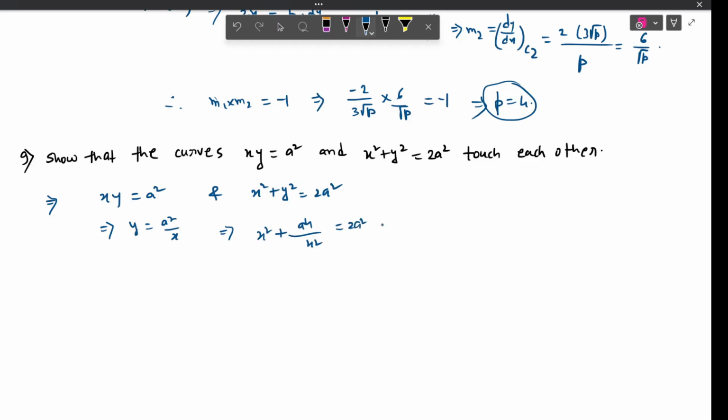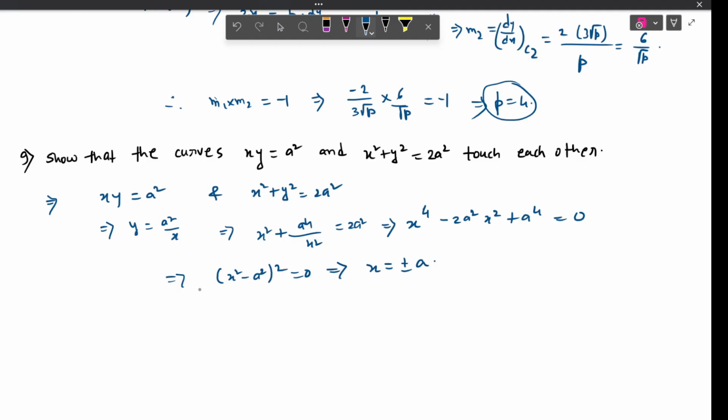That should be 2a square. So taking LCM, x to the power 4 minus 2a square x square plus a to the power 4 equals to 0. So this would be x square minus a square whole square is 0. That means x equals to plus minus a.